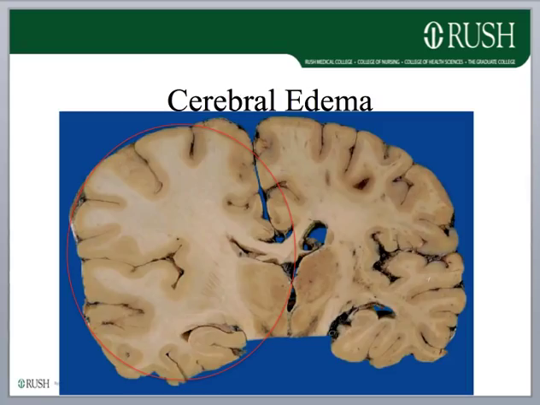This is another coronal section of brain in which the left hemisphere is markedly enlarged compared to the right, and there's marked expansion of the white matter. This is the type of edema that's typically associated with a mass effect, commonly either primary or secondary or metastatic brain tumors.